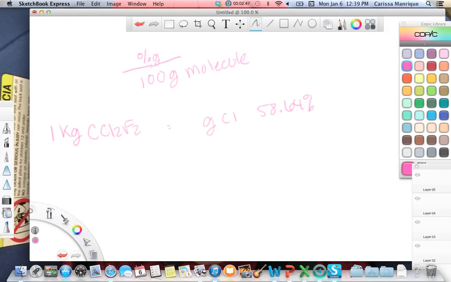Okay, so let's start here. We have 1 kilogram. Now before we get started, we have to put that in grams first. That's just a quick conversion. There are 1,000 grams per 1 kilogram of CCl2F2.